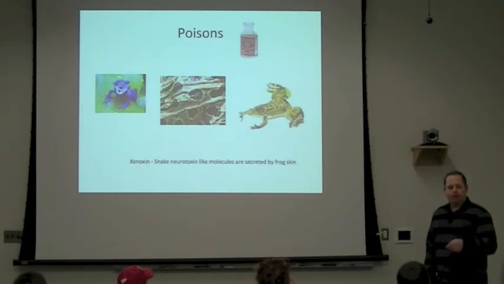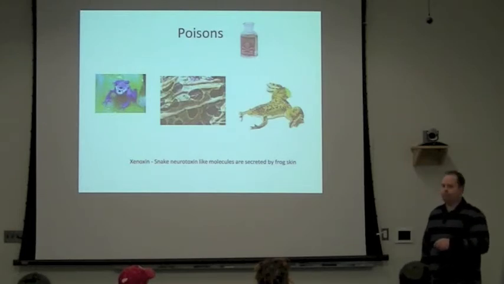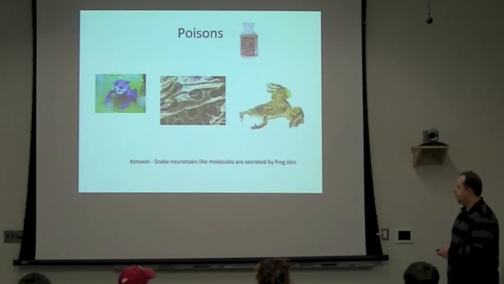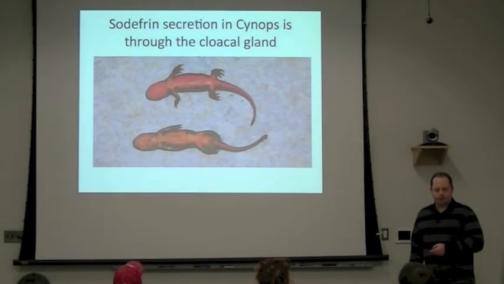So it would appear that they took what is being used potentially as a toxin on frog skin, and they're now using it as a pheromone. And all salamanders appear to be using Sodefrin at least. So we really don't have extremely strong evidence that that's the case.